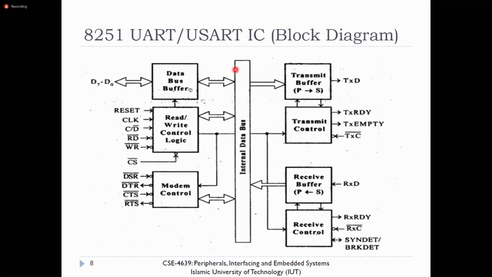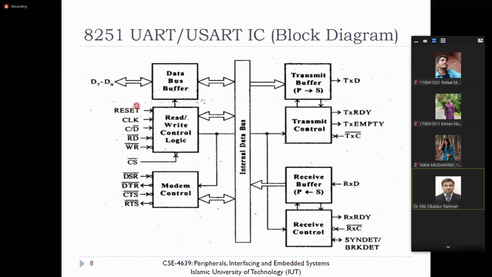Now from here you can see that on the left side we have the data bus buffer. We have the read-write control logic, as usual, and you are already familiar with this logic, that these are connected with the microprocessor, and we have the reset, clock pins, chip select pins.